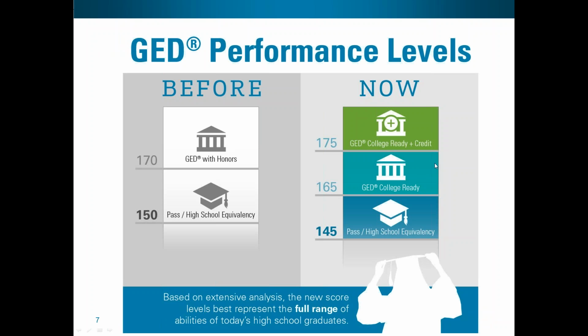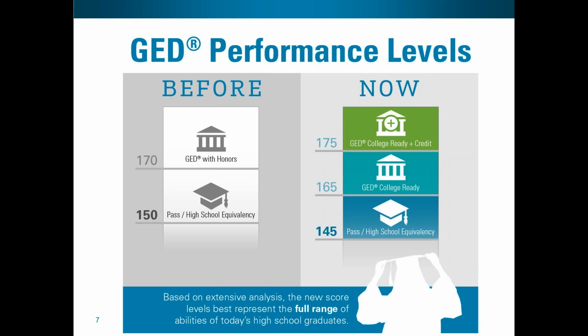So let's take a quick look at what the performance levels were before and what they have evolved to now. Before, we had a category called below passing that was 100 to 149. We had the passing cut score beginning at 150 and running to 169. And then 170 to 200 was GED with honors. In the new world, we have 4 performance levels instead of 3.